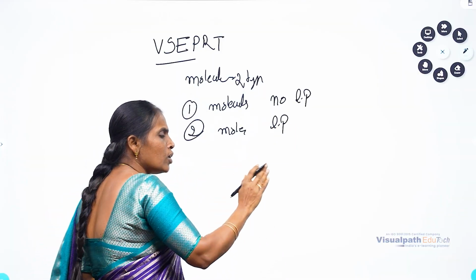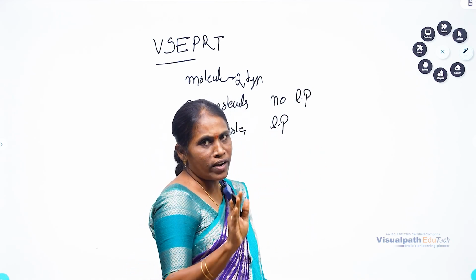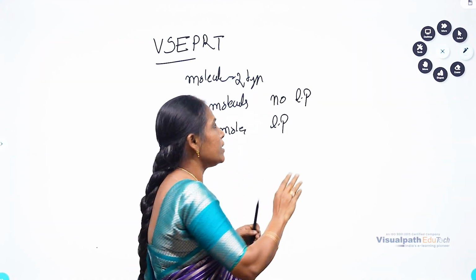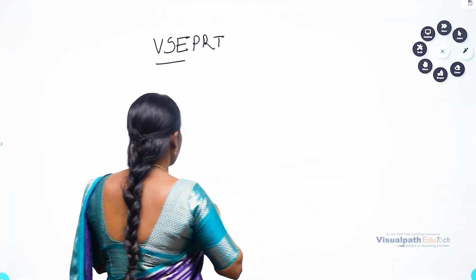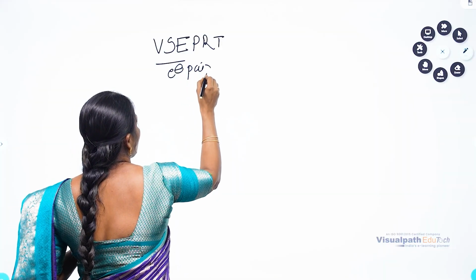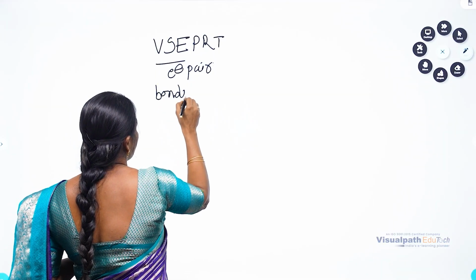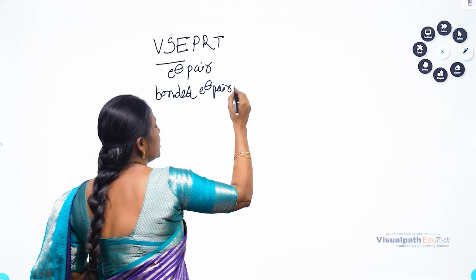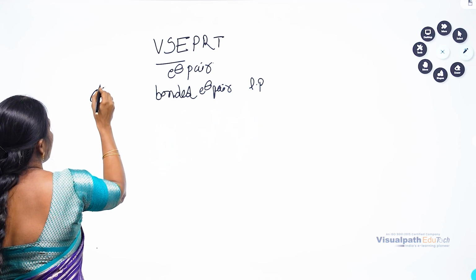These 2 types of molecules are involved in the VSEPR theory. So, according to this VSEPR theory, we see the electron pair. That electron pair may be a bonded electron pair and a lone pair of electrons. It is the electron pair.